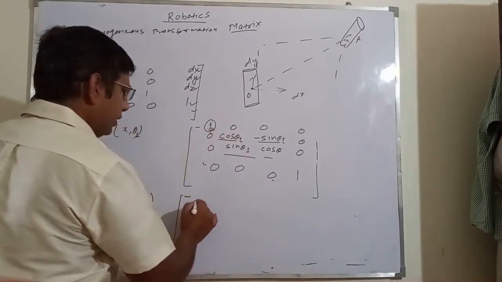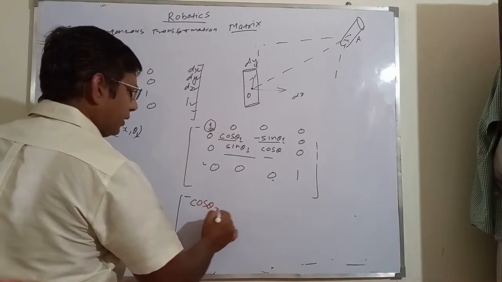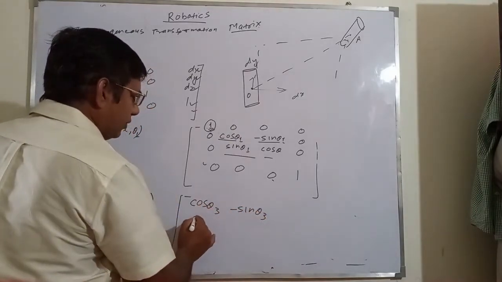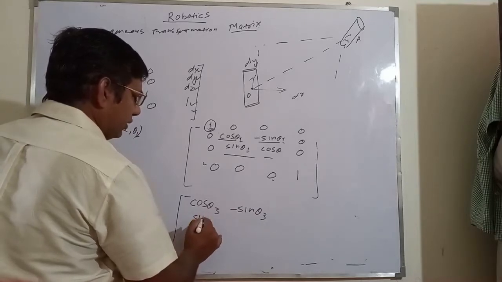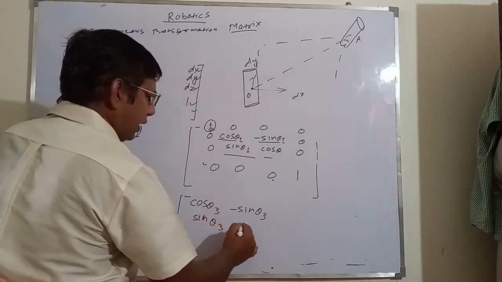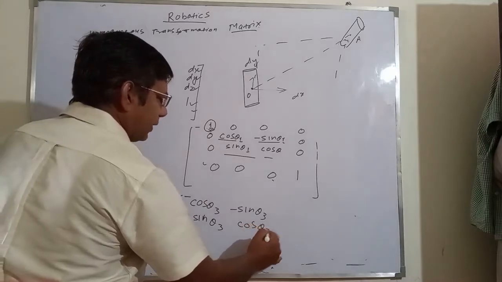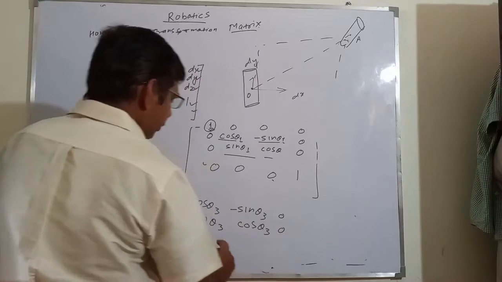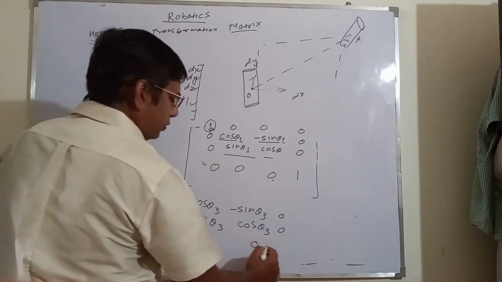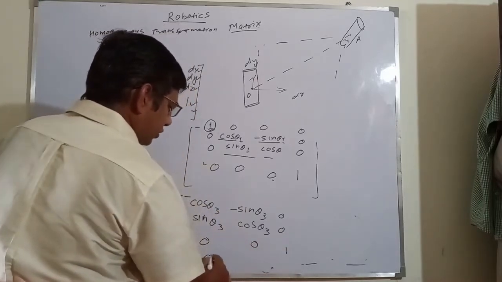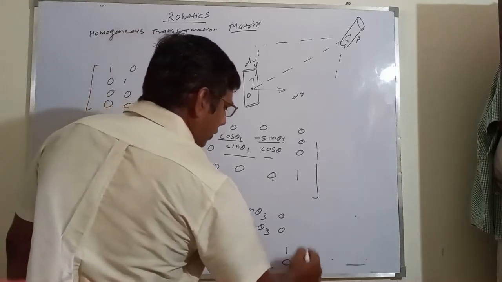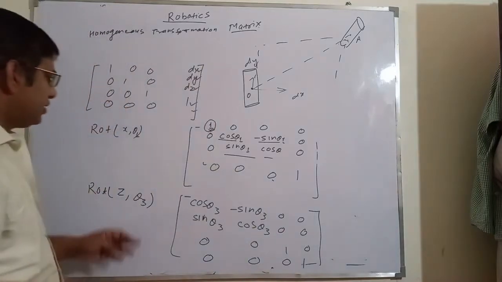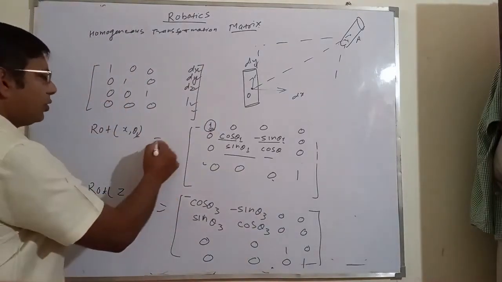It will be cos theta 3, minus sin theta 3, then sin theta 3, cos theta 3, then 0s, and the last row 0 0 0 1. This is the scheme, and similarly we can write it for y also.